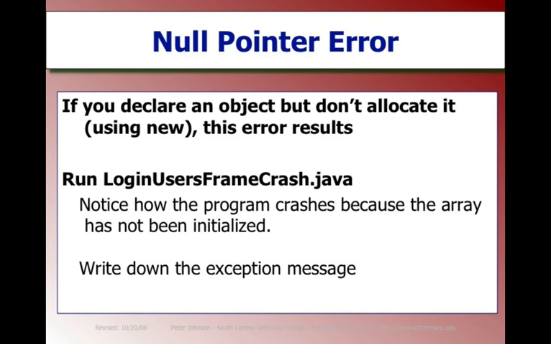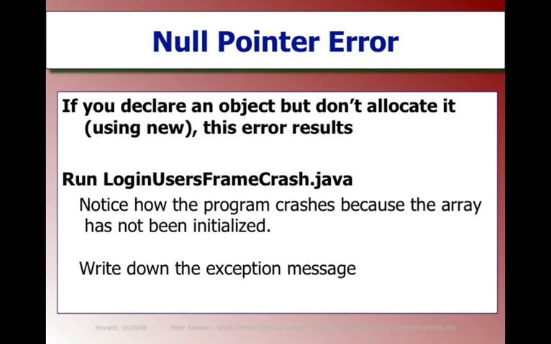And you'll see a lot of null pointer exception errors if you program with Java. And when you get the null pointer exception, it means that you declared an object, but you didn't allocate it. You didn't use a new to initialize it with data or make it into an object. This is a very, very common error.